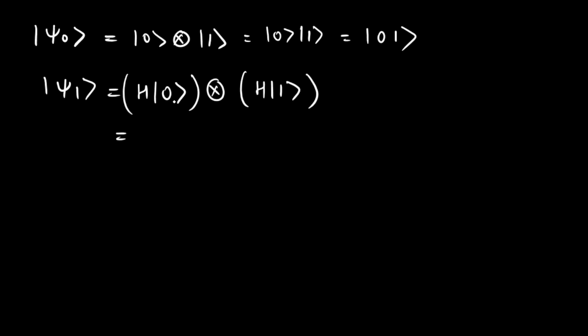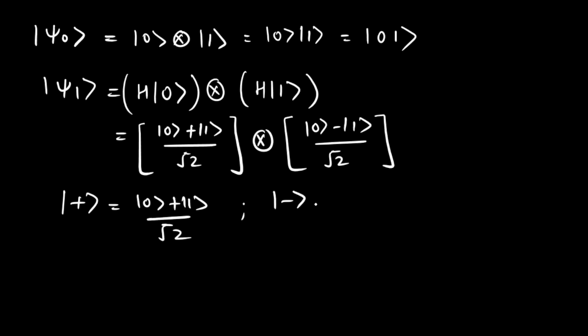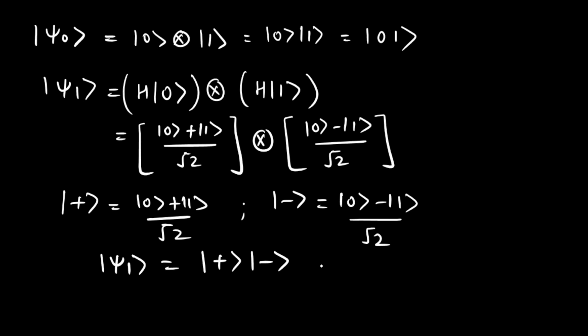When the Hadamard gate is operated on the |0⟩ state, we get (|0⟩+|1⟩)/√2, tensor product, and when the Hadamard gate is operated on the |1⟩ state, we get (|0⟩−|1⟩)/√2. FYI, the plus state is given as (|0⟩+|1⟩)/√2 and the minus state is given as (|0⟩−|1⟩)/√2. So we can write psi 1 equal to |+−⟩, or |+⟩|−⟩ also.